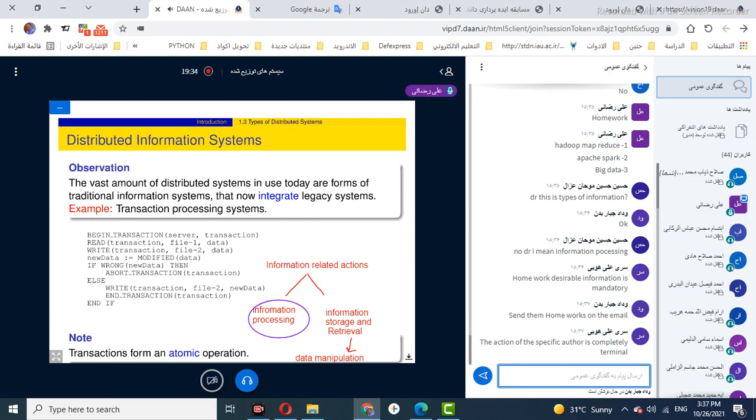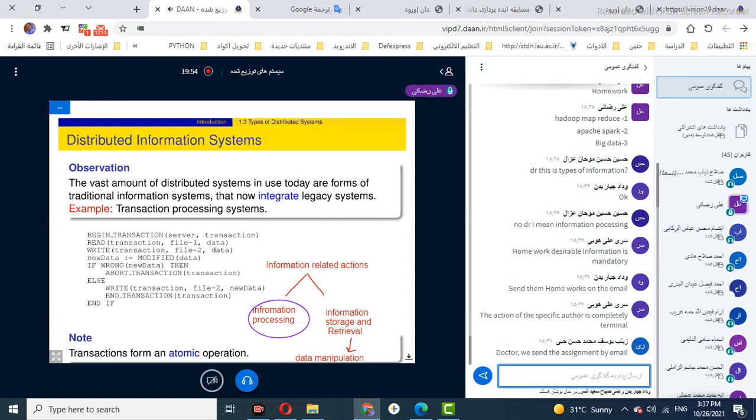One of the most famous frameworks is Hadoop, and Hadoop follows a programming model which is called MapReduce. And also, you have another technology.